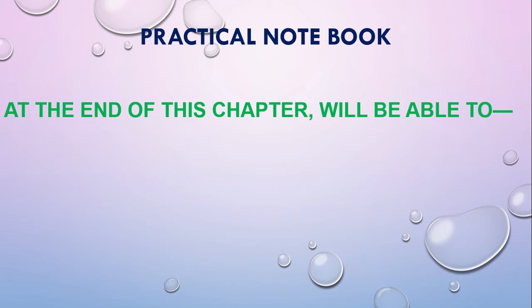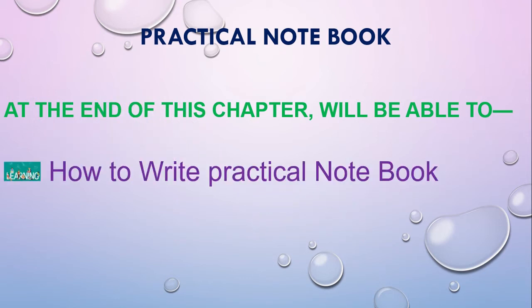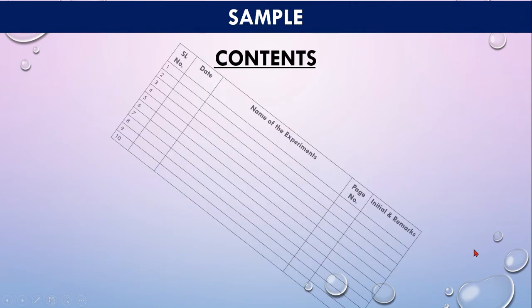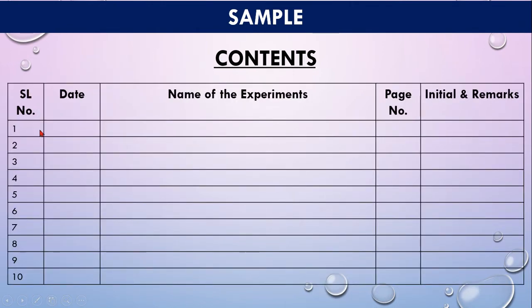Dear students, first, for a couple of minutes I'll talk about how you write your practical notebook. This is the first page of your practical notebook or copy, where you find the contents first, and the contents look like a table.